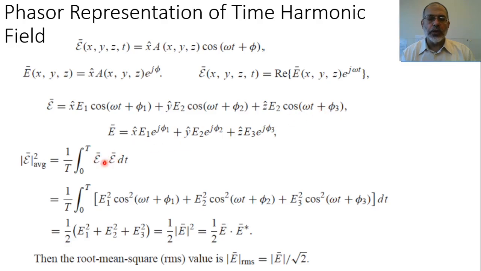So E dot E in this case would be as this. Now, the integration of cosine squared omega t over a complete period would be 1/2.